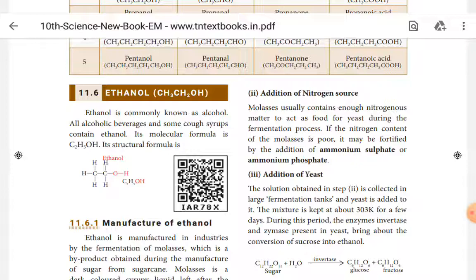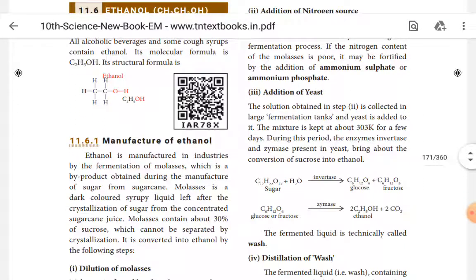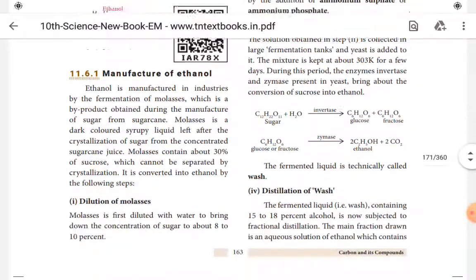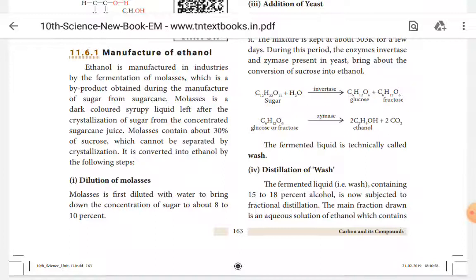Then name the enzyme which converts sucrose into glucose and fructose. Also name the enzyme which converts glucose or fructose into ethanol and carbon dioxide. Then what is called wash? What is the percentage of alcohol in wash?